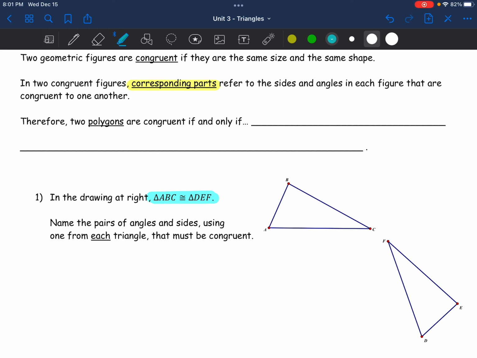What we are allowed to now decide and determine based on what we see here is that two polygons are congruent if and only if, and this "if and only if" means it's going to work in both directions, all of their corresponding parts, every single side and every single angle in one triangle, or one entire polygon, it doesn't necessarily have to be a triangle, are congruent.